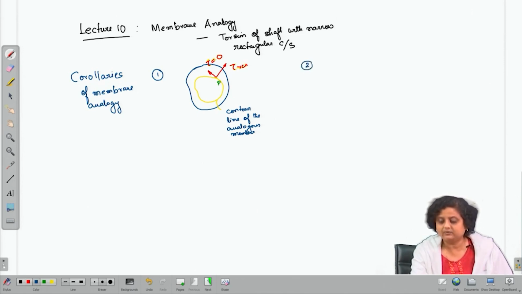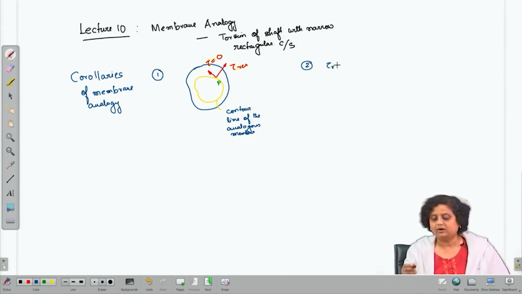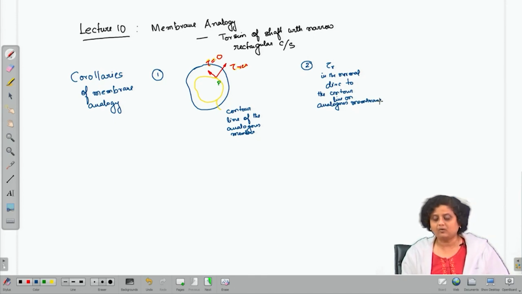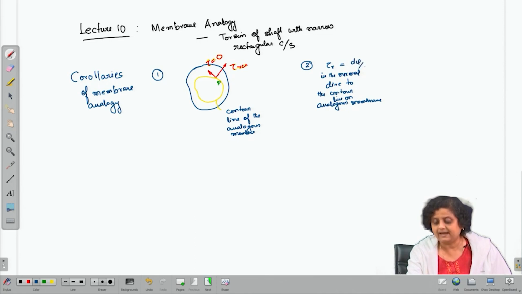The second corollary that we discussed is that the resultant shear stress, that is tau r, which is in the normal direction, is given as d phi by dn.